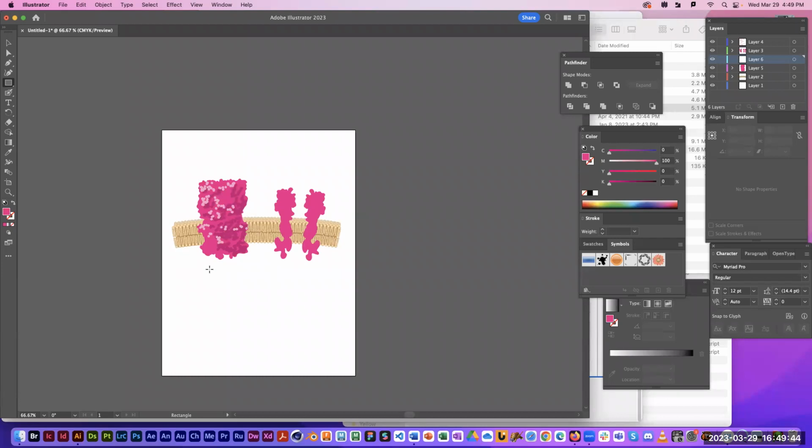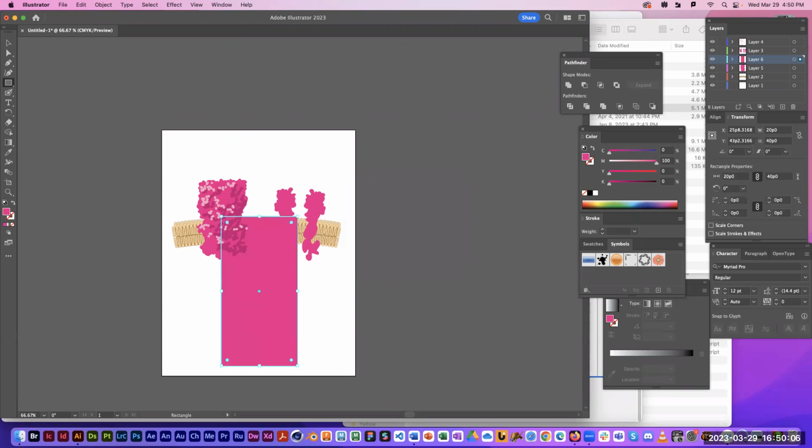I still work on a standard 8.5 by 11 sheet of paper here, but at the very end, I'm going to create a rectangle that's 20 picas in width. And I don't care how tall it is, but I did give you a maximum of 40 picas in height. So that's 20 by 40 right there.